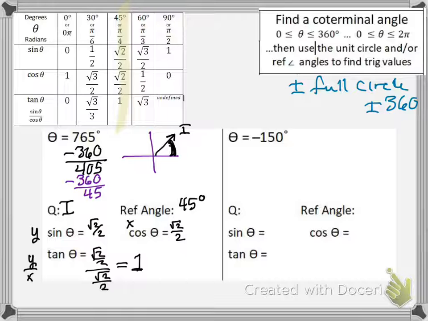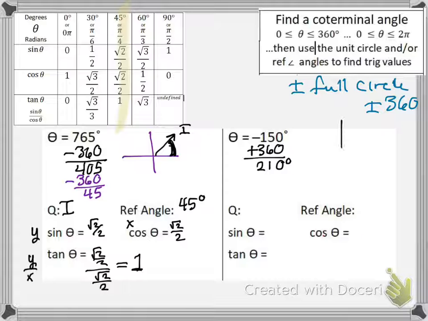Let's look at negative 150 degrees. This time, 150 is on the unit circle, but negative 150 is not on the unit circle. So I need to adjust it by doing plus 360 degrees. 210 degrees.